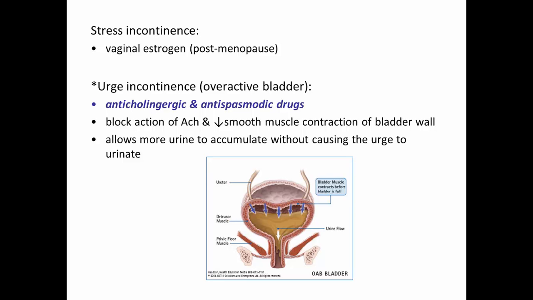What these drugs do is block the action of acetylcholine, which is the parasympathetic nervous system, and that decreases the contractions of the bladder wall. That allows more urine to accumulate in the bladder without the bladder having these really large contractions, and so without causing the urge to urinate.